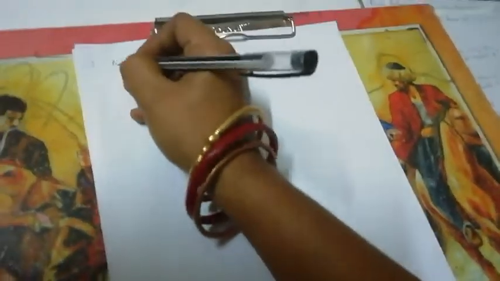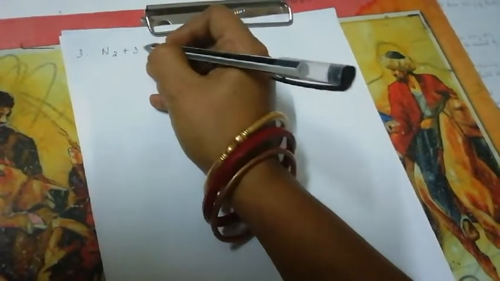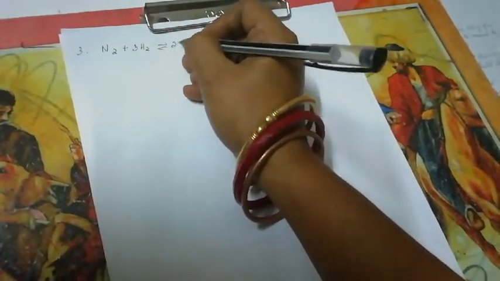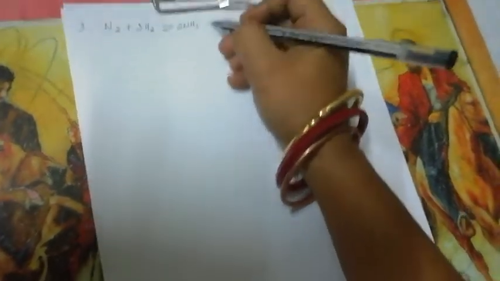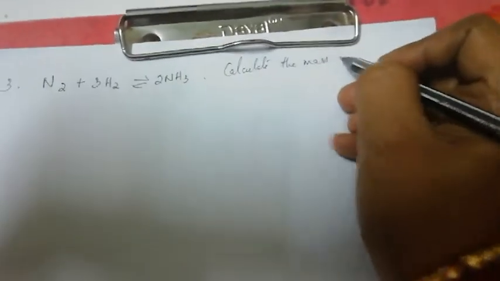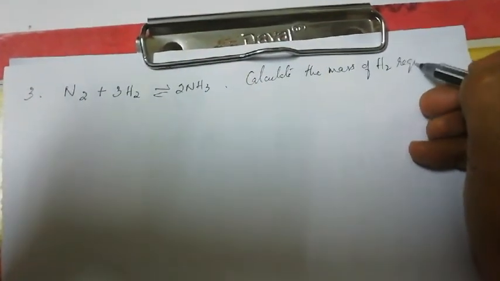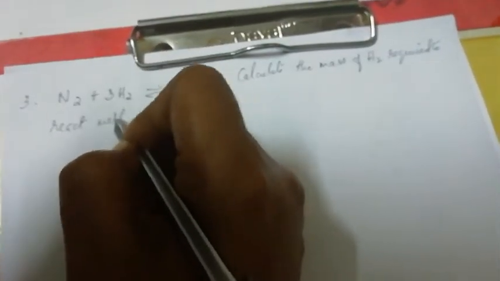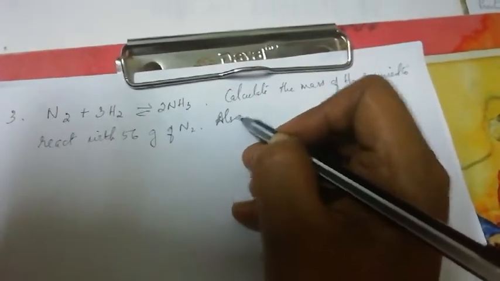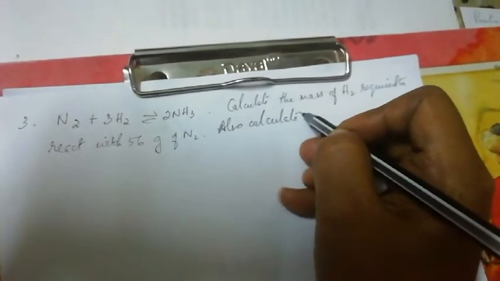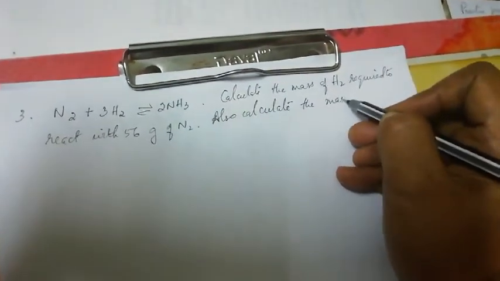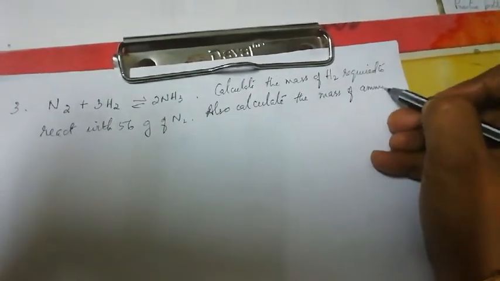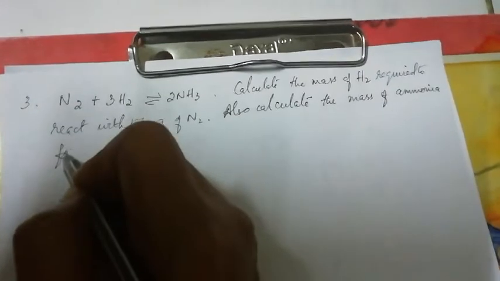Example 3. Consider the equation where nitrogen reacts with 3 volumes of hydrogen to give 2 volumes of ammonia. And the question is, calculate the mass of hydrogen required to react with 56 grams of nitrogen. Also calculate the mass of ammonia formed at the same time.